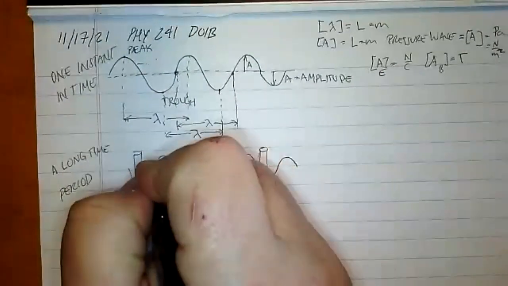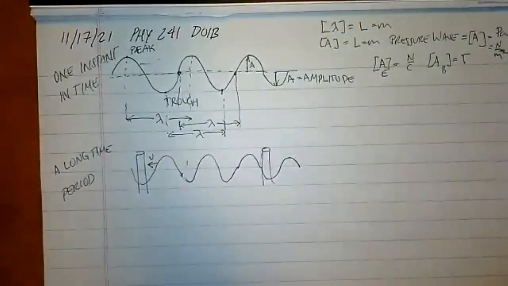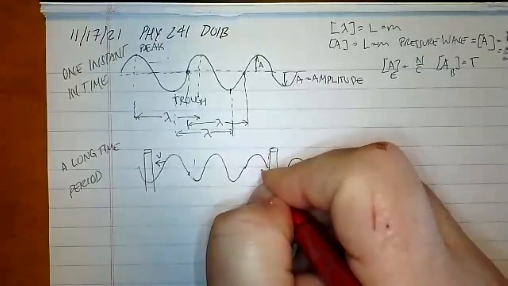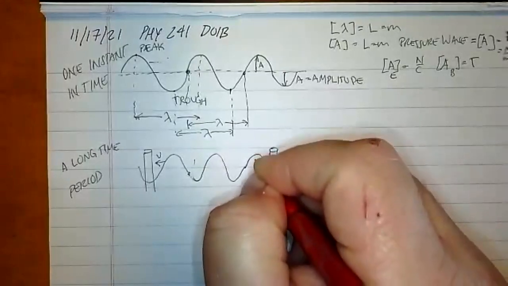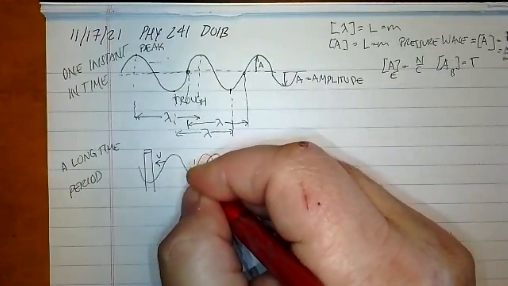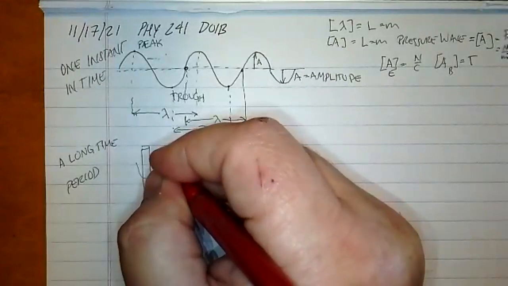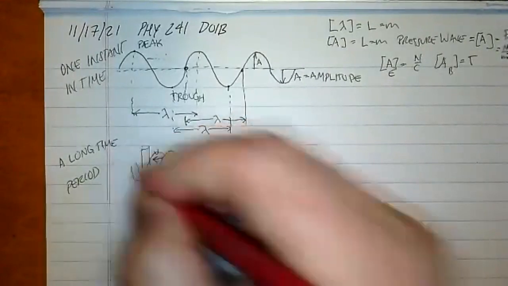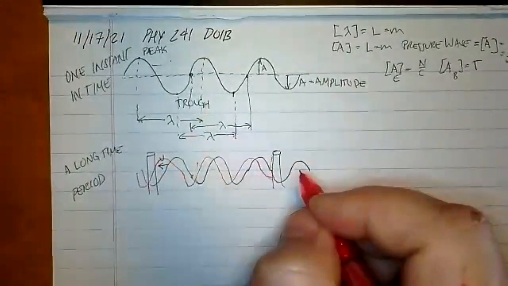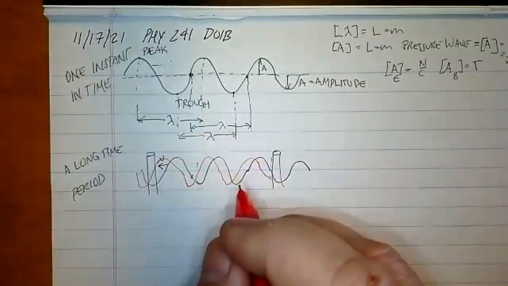However, with this one, you actually would see it moving, so that an instant later, we would see this. And it turns out the distance traveled in a certain time is one wavelength, and that time is called the period.